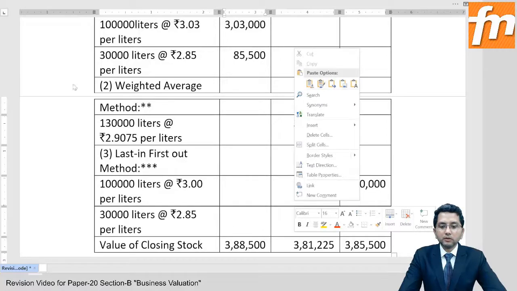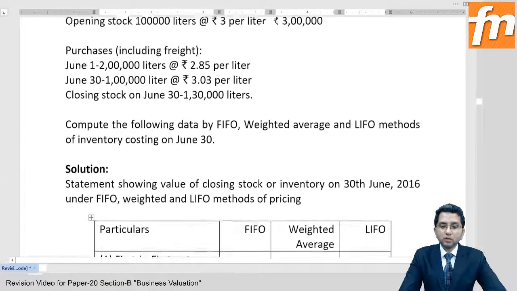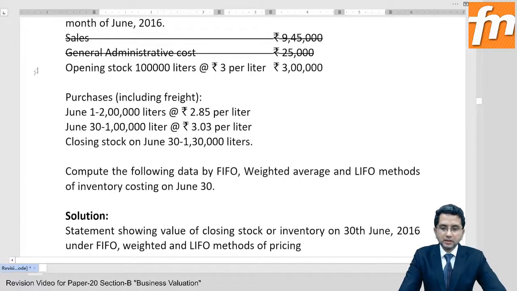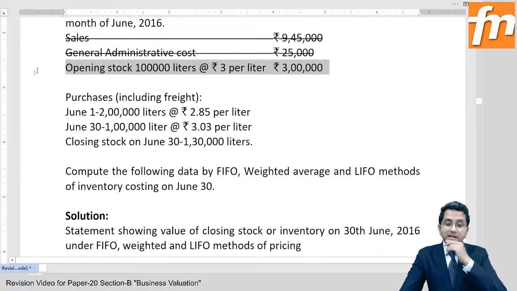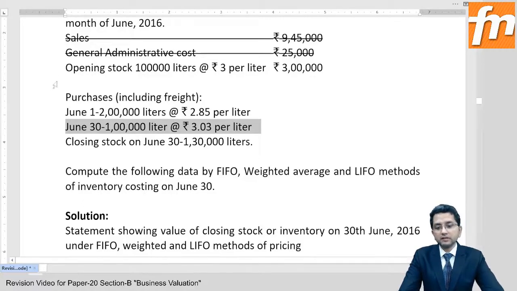Then let's talk about the weighted average method. Now here I need to calculate the weighted average of opening stock and purchase. So the weighted average of 3 rupees, 2.85 rupees and 3.03 rupees, when the weights assigned are 1 lakh, 2 lakh and 1 lakh.